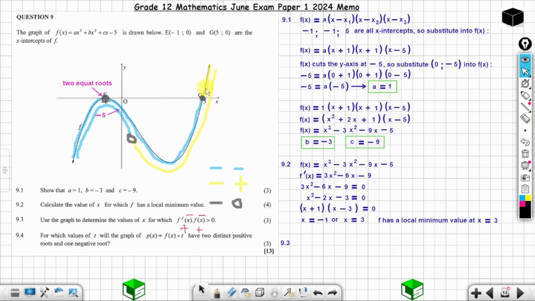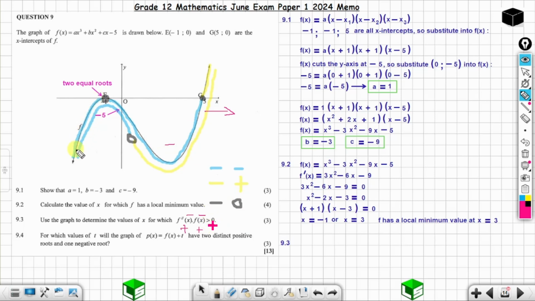You have positive and positive after 5. Before that you have negative and positive, and negative times positive gives negative. You need positive.